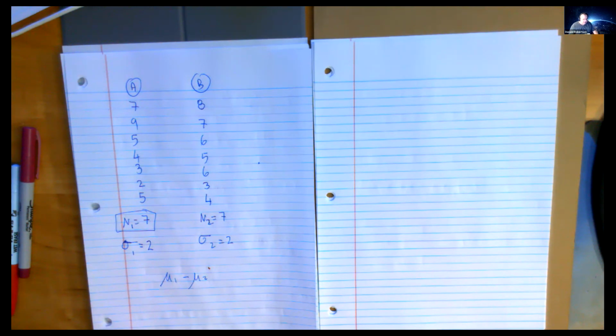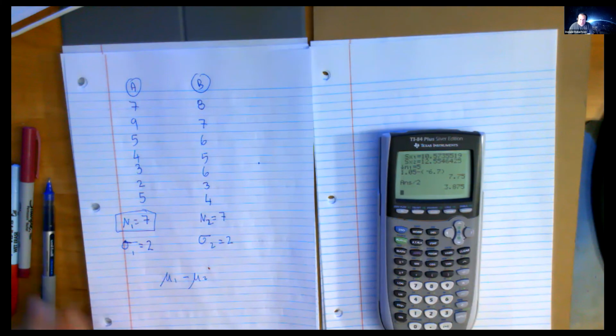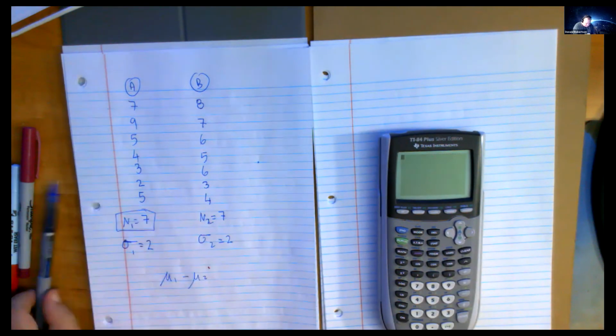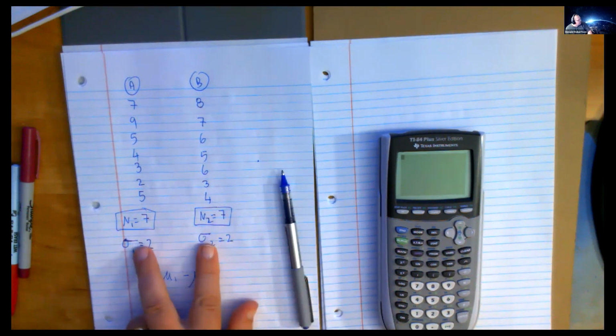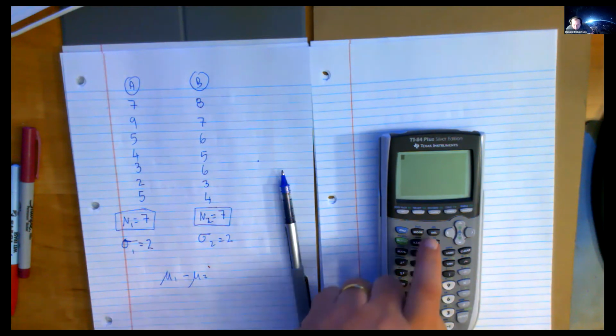So I don't know what we're going to get, but I know we're going to do it in a calculator. These two samples share the same sample size and share the same standard deviation. That's not necessary, it just happens to be in my story. Would you agree some stories can be true? So I'm going to hit the start button.